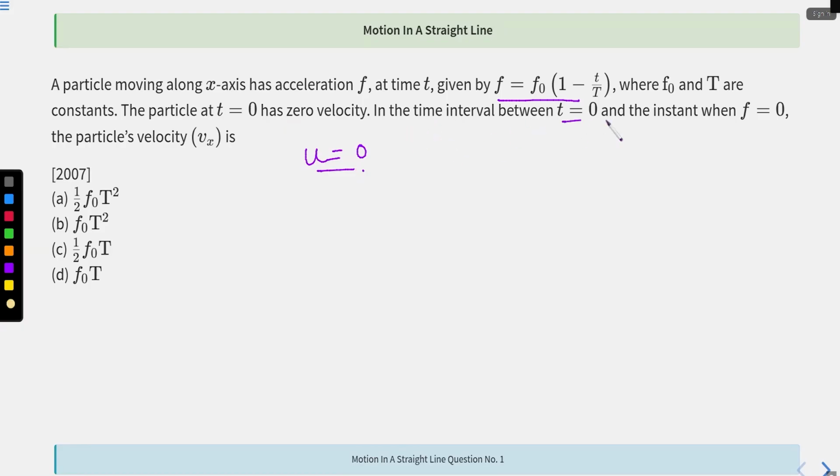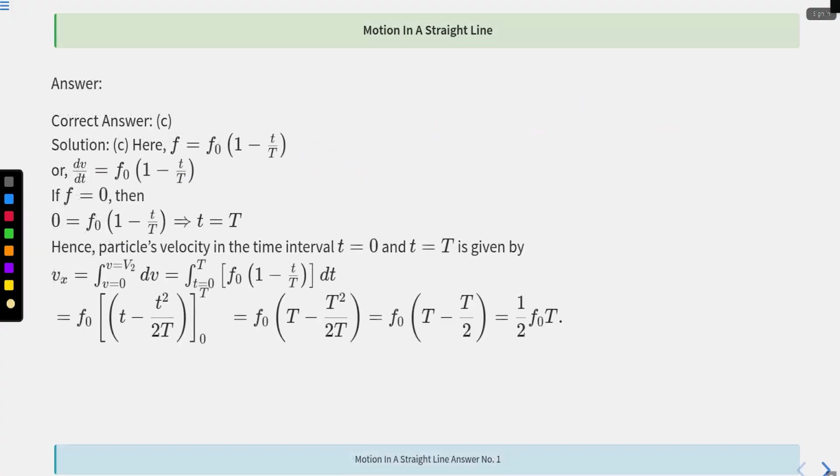In the time interval between t equal to 0 and the instant when f is equal to 0, the particle's velocity is vx. So they are asking what is the speed of the particle during this interval. Note here one thing: we have f equals f naught into 1 minus small t divided by capital T. Now they have said that f is nothing but acceleration.